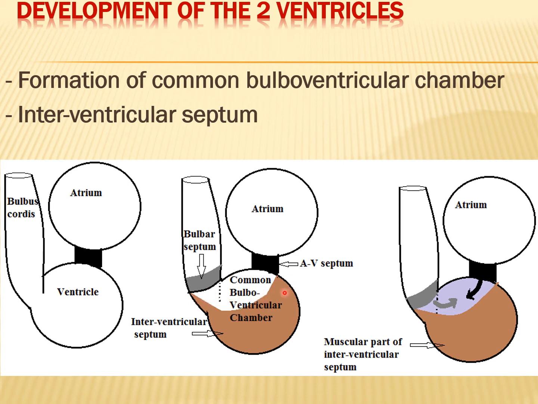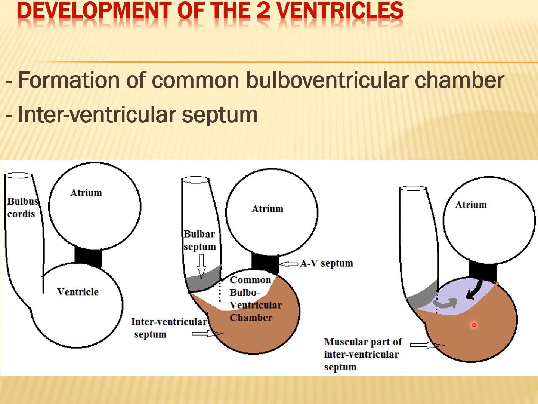Then this opening is closed by extension from the atrioventricular septum here, and extension from the bulbar septum here to close this temporary interventricular opening.